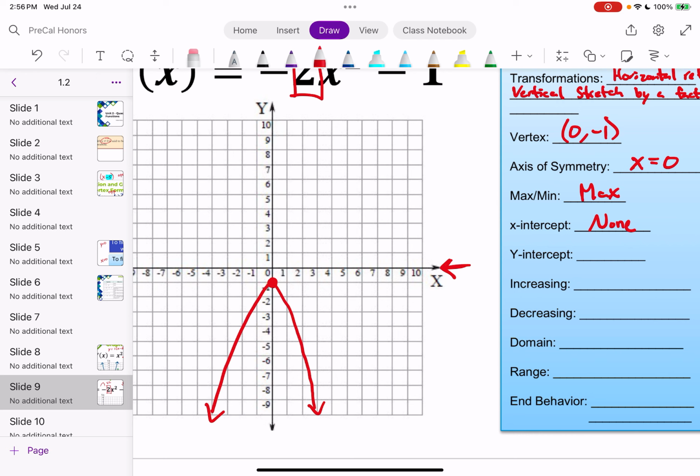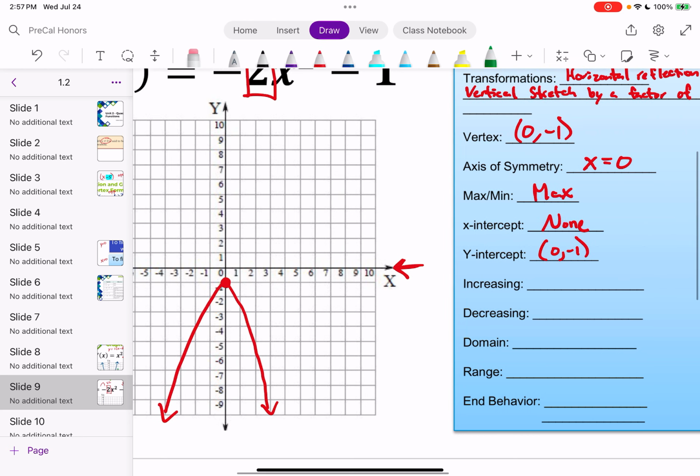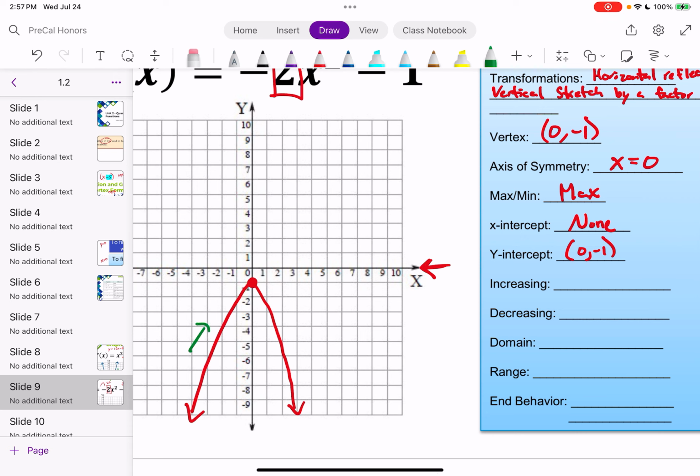We still need to be able to figure out our y-intercept. Well, since our vertex is at 0, -1, that is going to be our y-intercept. Keep in mind, from left to right, we are increasing, and we are decreasing from 0 to infinity.